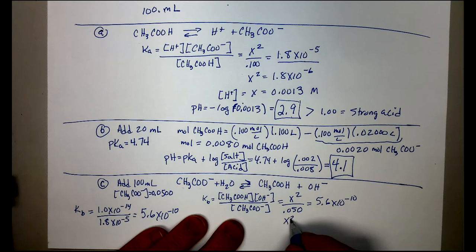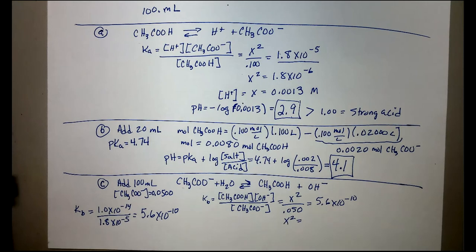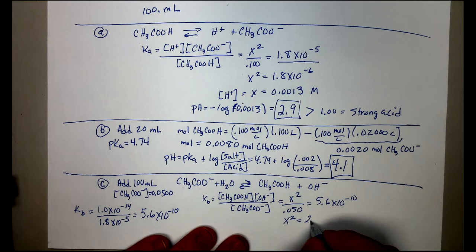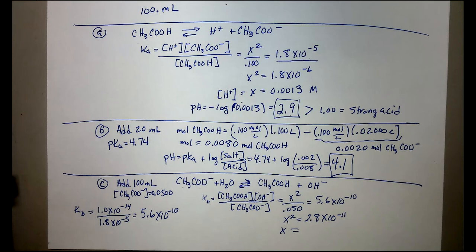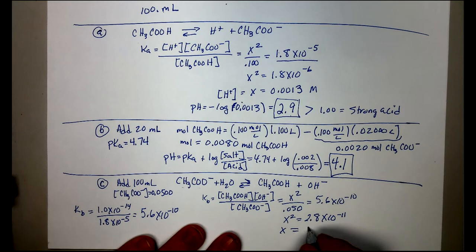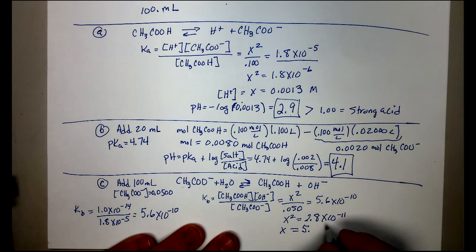So x squared is, and I'm holding these again in my calculator, even though I'm rounding off on paper. And so we're going to square root that answer, and so we'll get 5.3 times 10 to the negative 6th.